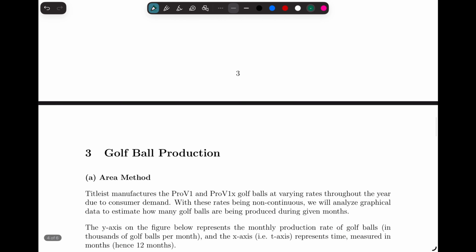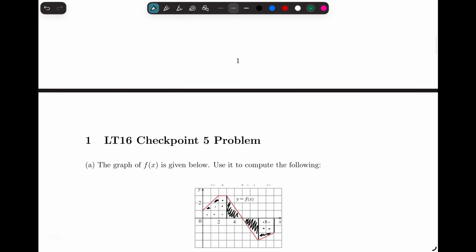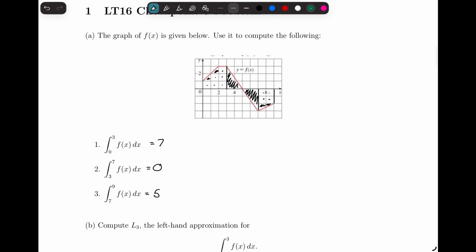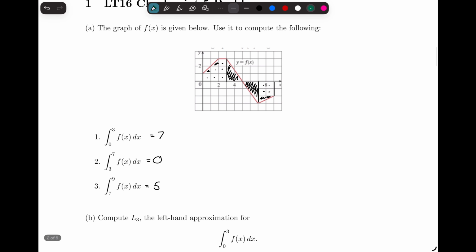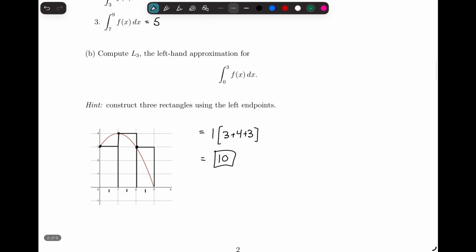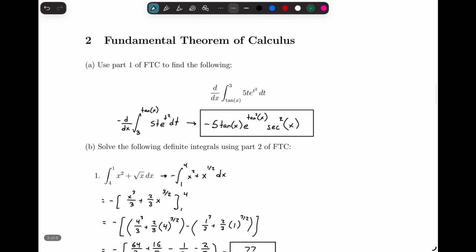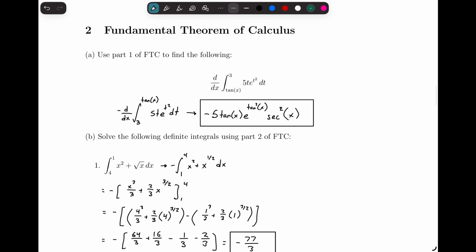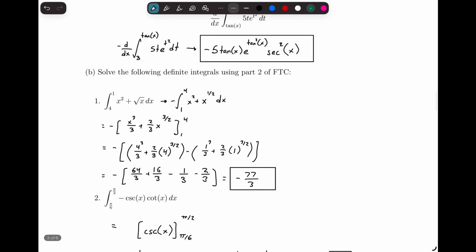Looking back as a quick summary for learning targets 16 and 17, we used area to calculate definite integrals. We used Riemann sums. We used part one of the fundamental theorem of calculus, recognizing how to handle functions and integral bounds.